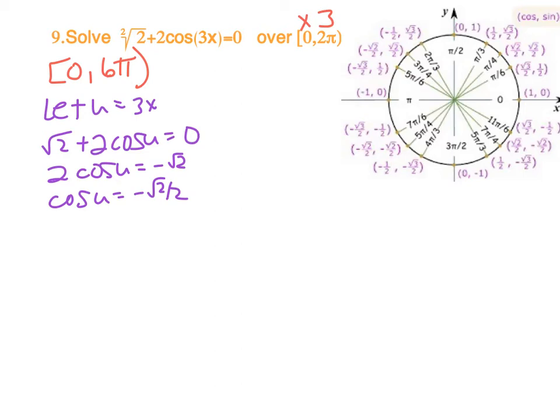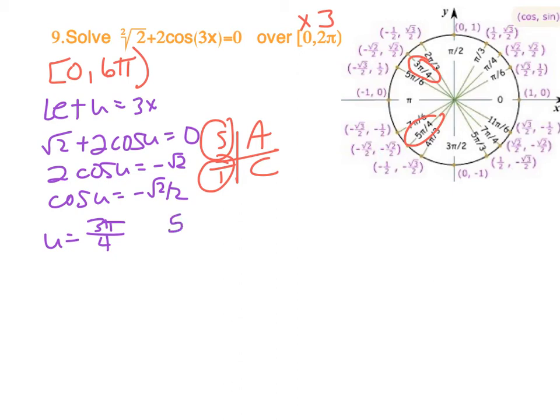So that means I'm looking for the trig functions that are in the second and the third quadrant. And cosine is negative square root of 2 over 2 at 3 pi over 4 and 5 pi over 4. So I'm starting with 3 pi over 4 and 5 pi over 4. And then I need to go around one more time to get to the next one. So if I add 2 pi, that's like adding 8 pi over 4.